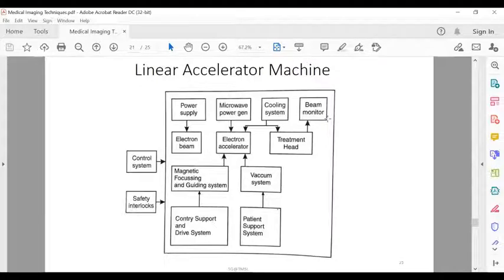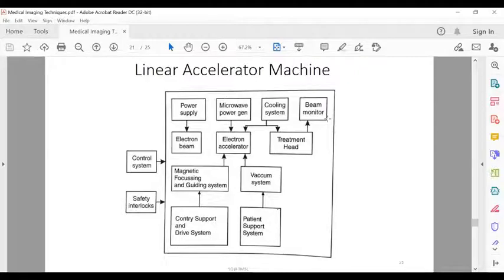Now, the linear accelerator. What is the function of a linear accelerator? It accelerates the electrons to the required level of energy. In short, the complete machine is referred to as the accelerator.